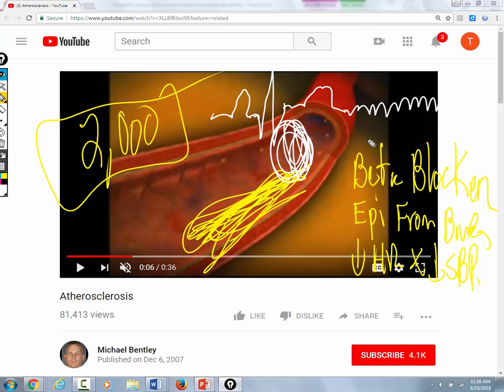That's why the most common cause of sudden cardiac death is not death of the heart muscle due to a blockage of an artery. It is death of the electrical conduction system of the heart.